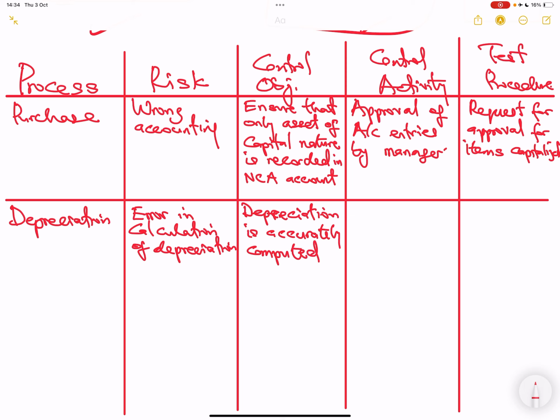And the best way to achieve this objective is to automate the depreciation process. Let the computer do the calculation.